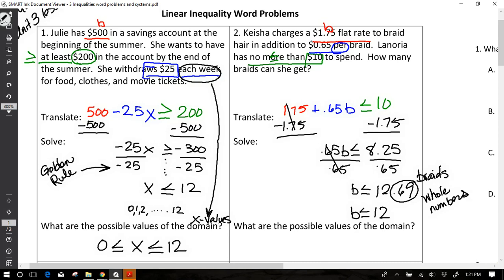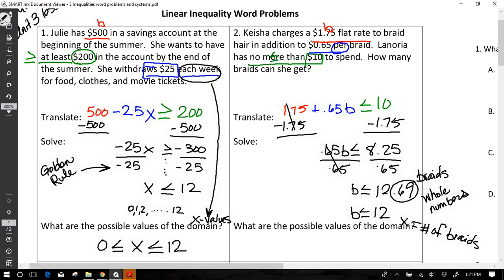And so that is really going to help us understand our domain, what we can use here. Our domain is the x values, and the domain is the number of braids that she can buy. And we just found out that it's less than or equal to 12.